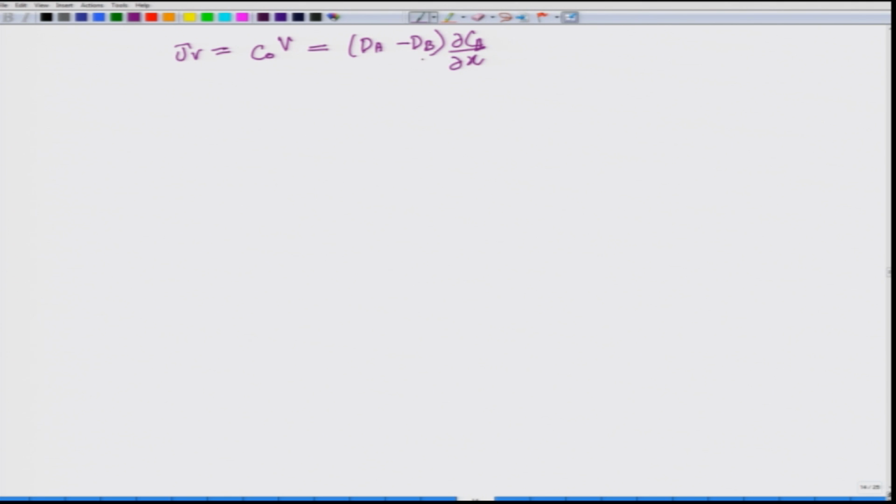Here this part says that flux of vacancy is treated similarly as flux of A and B. So, we get JV equal to minus JA minus JB, and this JV is what leads to the movement of lattice. So, we have a relation JV equal to C naught V, and this will help us in getting the next stage of the relation.